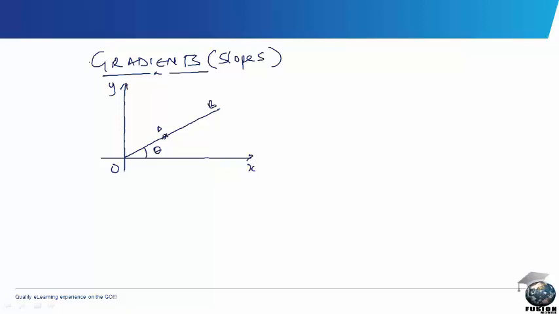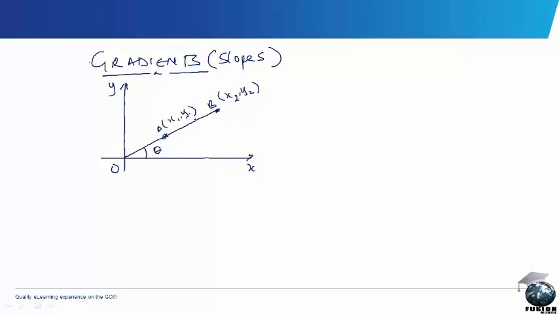Sometimes you plot your graph and you have points. Just like I have points A and B, at B I have the coordinates x2 and y2, and at A I have the coordinates x1 and y1.